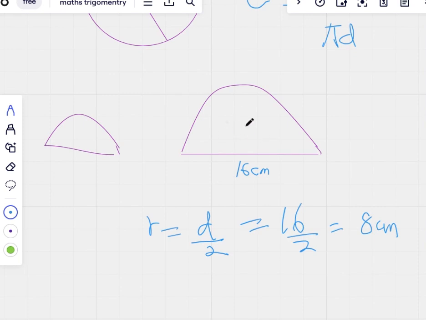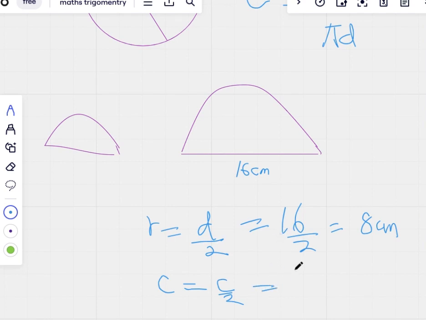Before we do the area, what is the perimeter? Perimeter is the total distance around the circle. Here we have half of the circle, the arc of half a circle. So the semicircle arc will be C divided by 2, which is 2 pi r over 2.